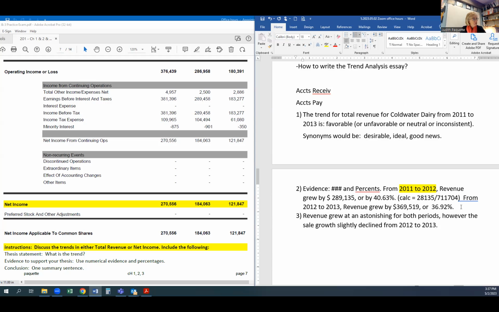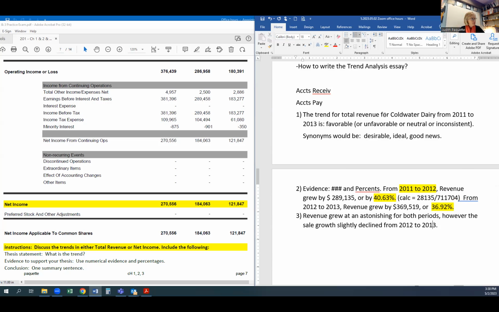You're telling me that you noticed that the first year it grew by almost 41%, and the second year it dropped to 37%. If I had to guess, if we went another year out, it would drop as well. You can't maintain 40% growth rates forever. All right. So that's 4 sentences. That's what I'm looking for in an essay.